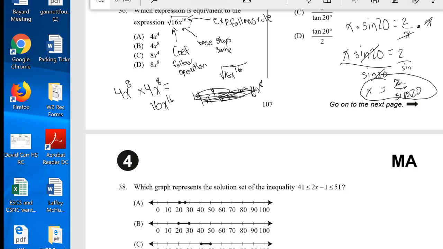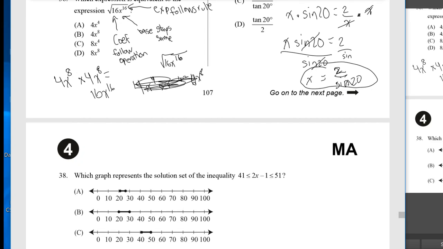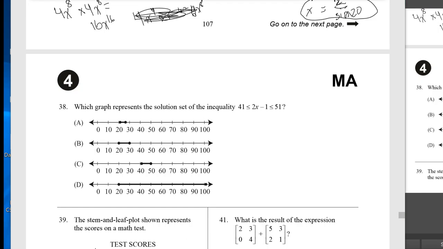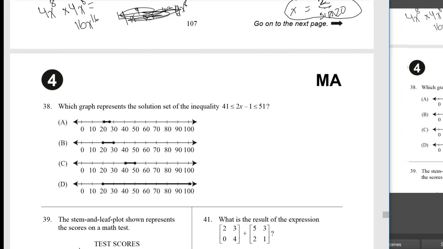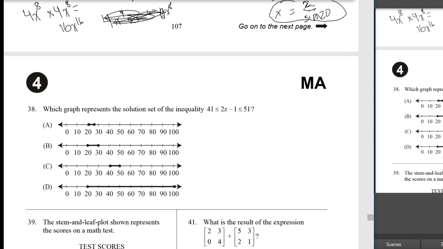38. Which graph represents the solution set of the inequality? Well, in this case, what I would do is simply just solve this problem out, right?